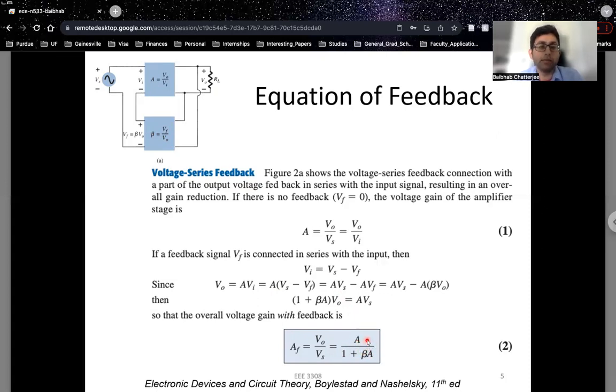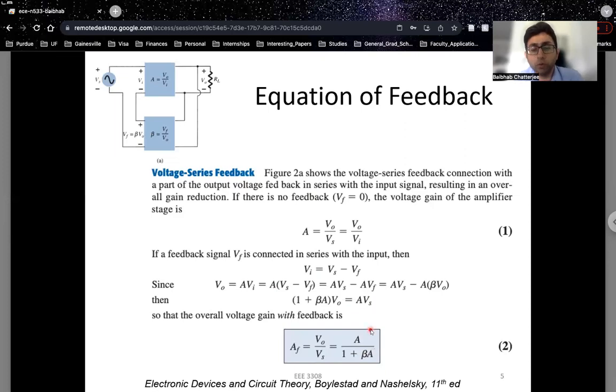Just the definition of A changes. In this case, A was itself a voltage amplification term. So instead of a voltage amplification, if your input is current, it will become a transimpedance amplification and so on. But the equation itself will remain the same.